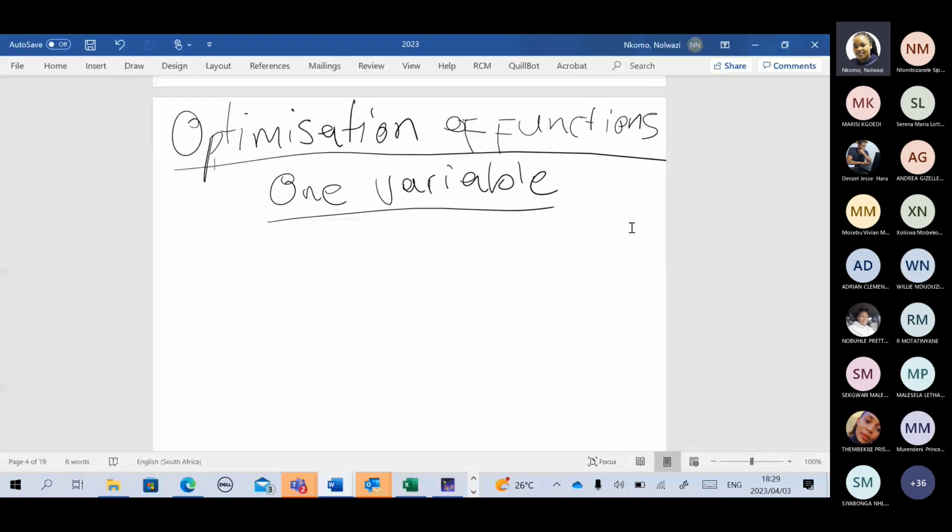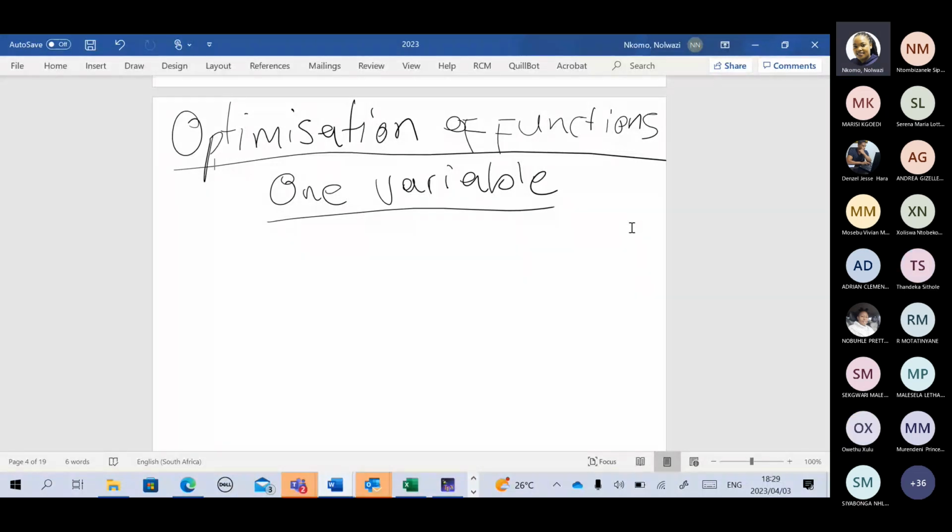If you are asked to find the minimum or maximum point, the first thing you need to do is to find the stationary points.